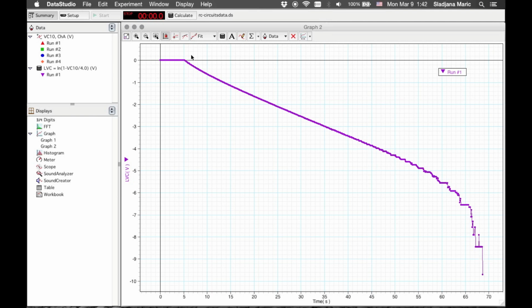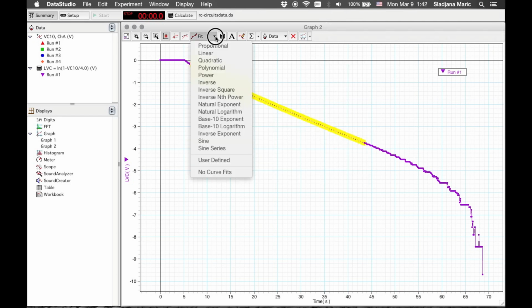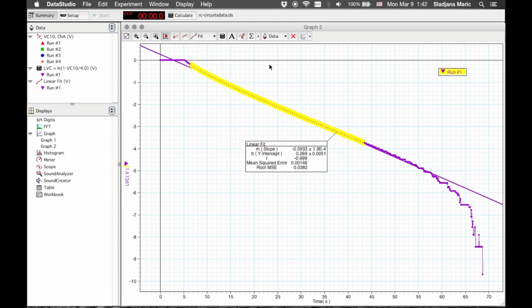So simply you're going to highlight the portion of the line that is straight, and then click on the fit and choose the linear fit, and you're going to get a slope. Now from the equation, you're going to determine what this slope represents and use this slope to calculate the capacitance of the capacitor, knowing that the resistor used in the circuit has the resistance of 10 ohms.